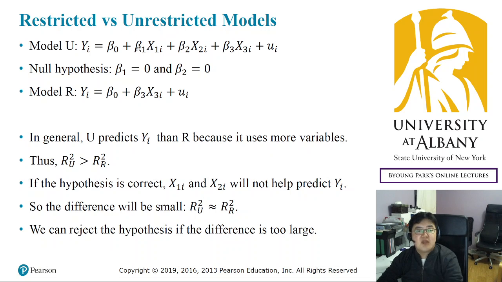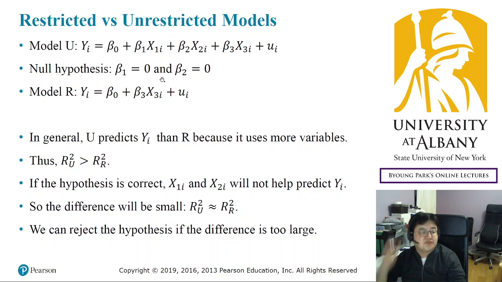So as a result, the performance of the unrestricted model and the restricted model must be similar to each other, because x1, x2, it doesn't matter whether they are included or not. So if the hypothesis was correct, their R squared, the percentage of explanation by the model, must be similar. So the performance by R and performance by U must be similar because their difference is 0.